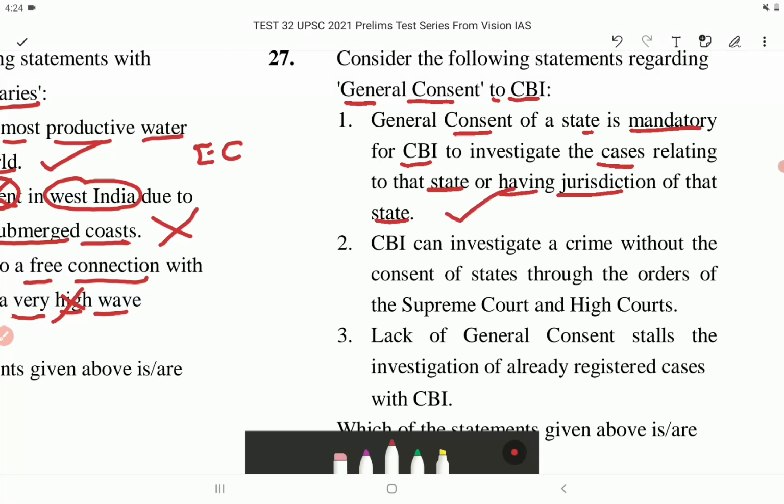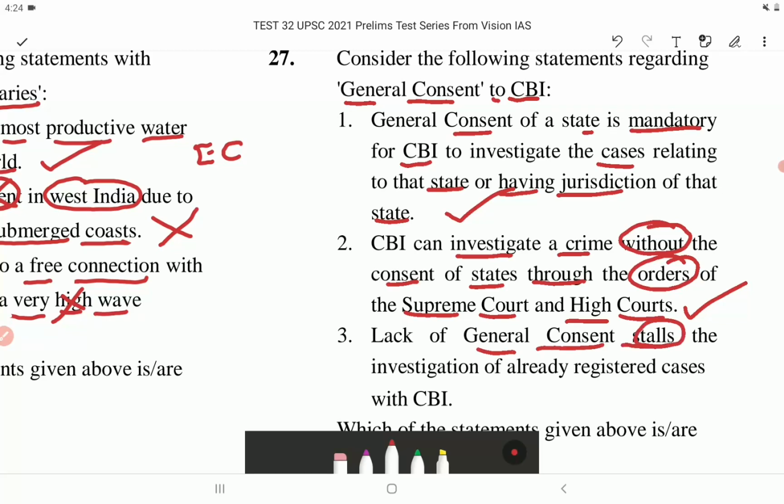Statement 2. CBI can investigate a crime without the consent of states through the orders of the Supreme Court and High Court. This is also correct. Statement 3. Lack of general consent stalls the investigation of already registered cases with CBI.